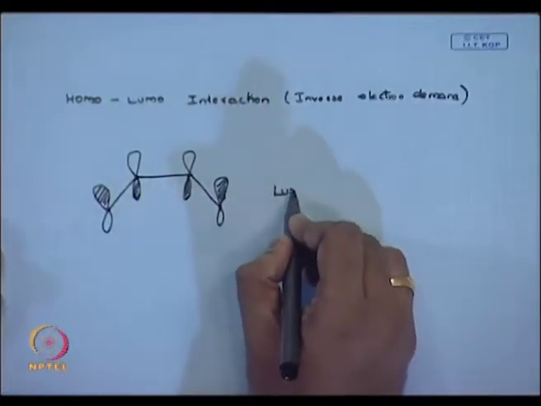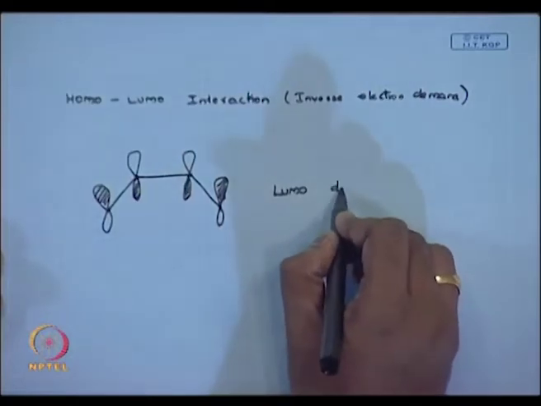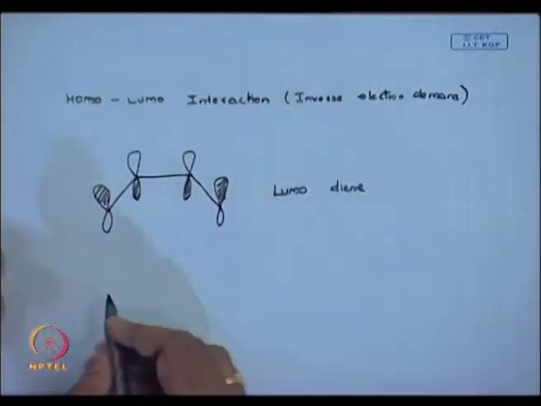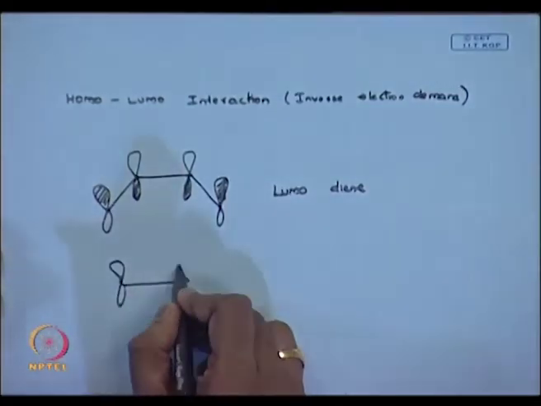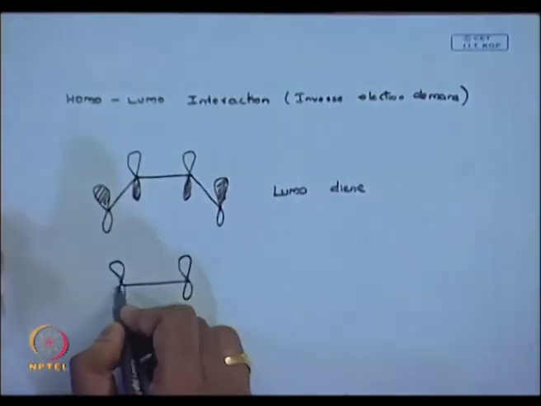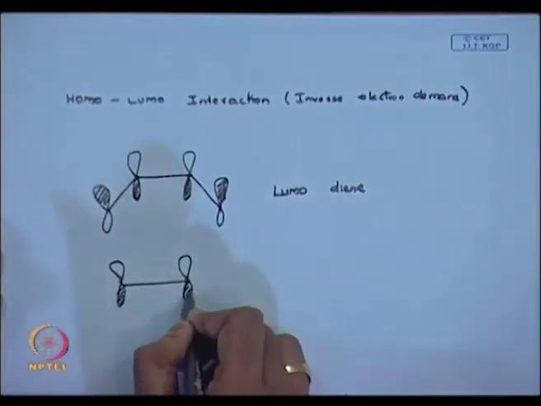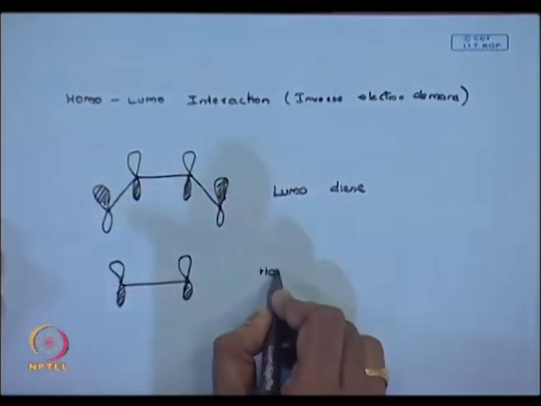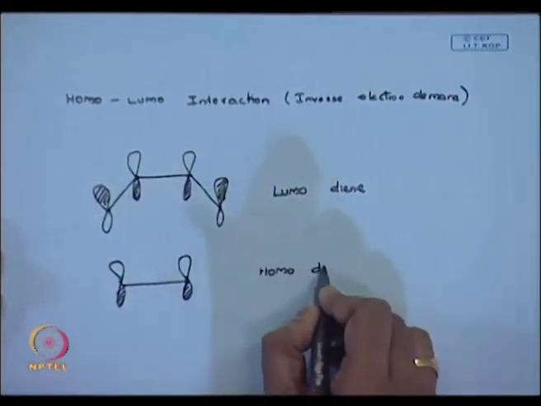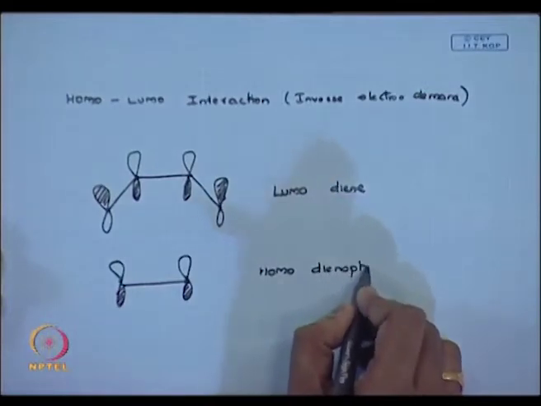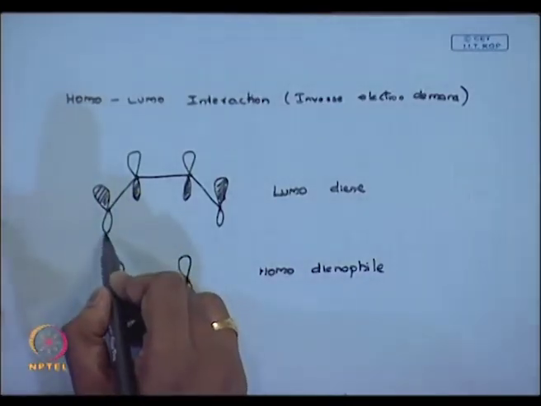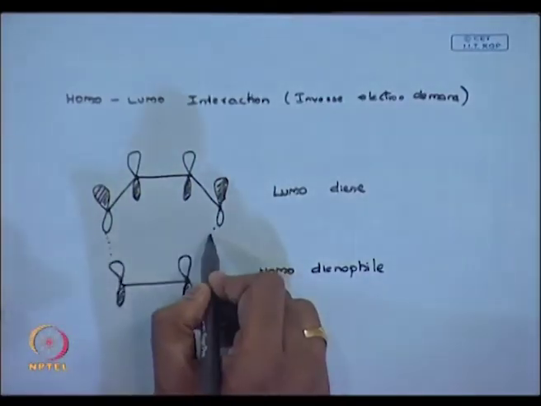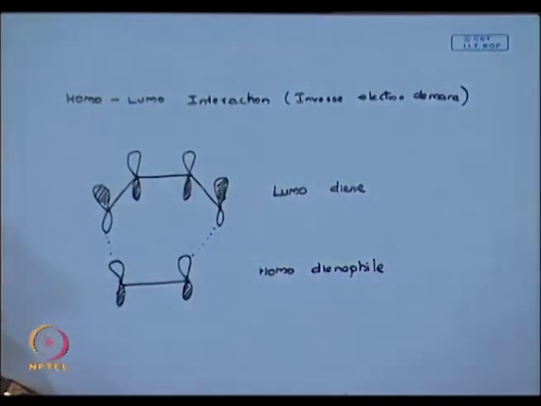This is the LUMO of your diene. If I have the HOMO of my dienophile, now you can see again it is allowed suprafacially.